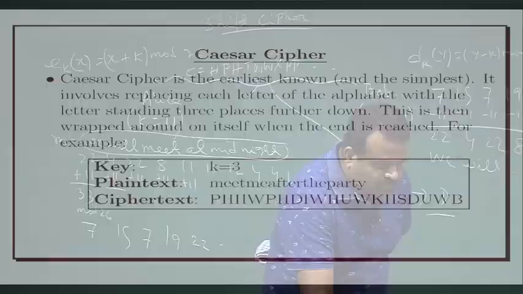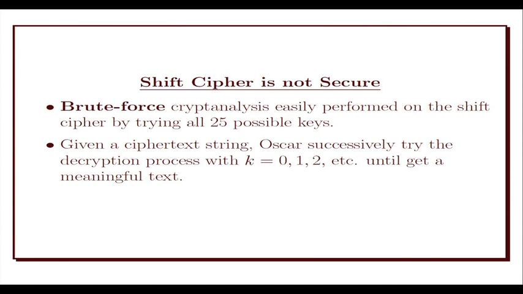Okay. So, now come back to the security issue of this shift cipher, whether shift cipher is secure or not. So, we want to talk about cryptanalysis of shift cipher that Oscar will be doing. Okay.